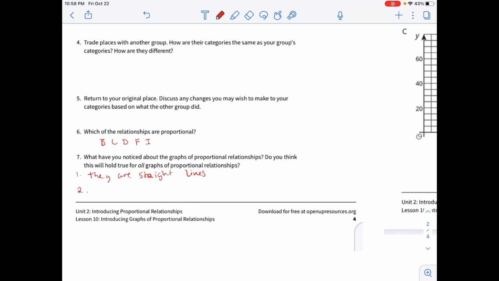And 2, they pass through the origin, 0, 0. And yes, this will hold true for all proportional relationships that are graphed.